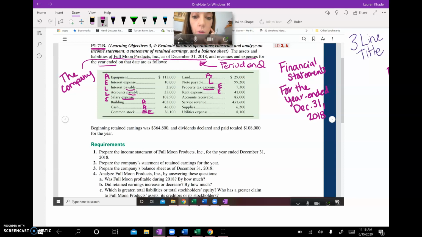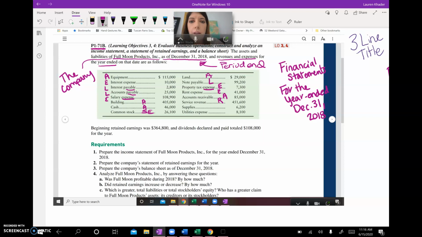Accounts receivable. Accounts receivable is an amount that's owed to us from our customers. It's an asset. Service revenue. Service revenue is what we've earned from providing services to our customers during a period of time. Revenue. Supplies. Supplies is an asset.